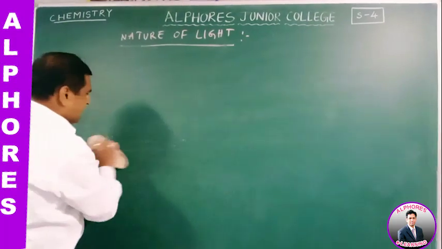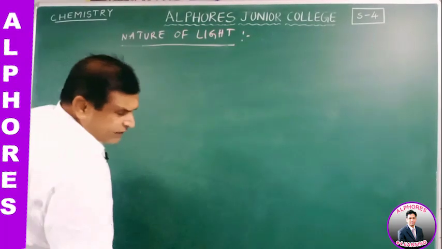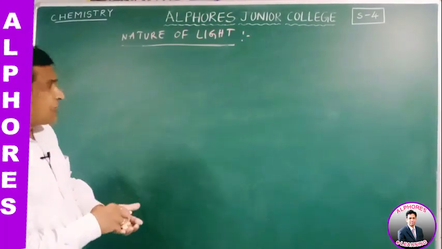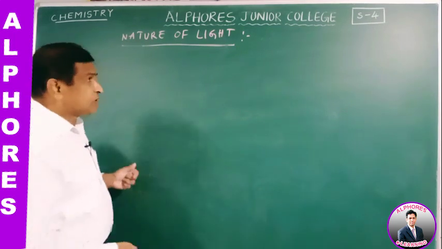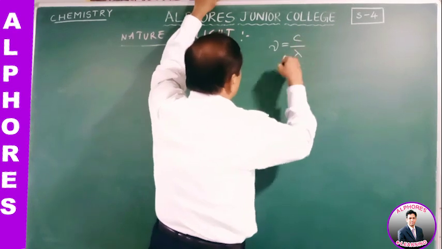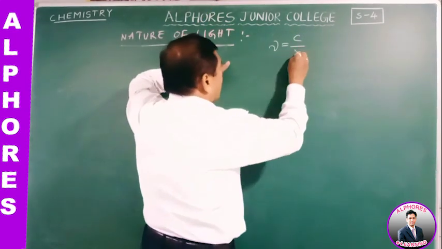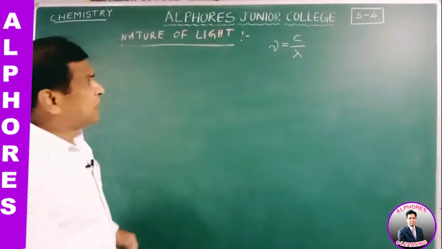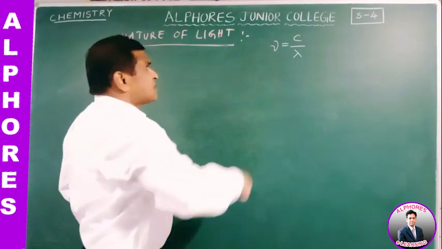Before going to wave number, let us see here. Just now we had the relation nu is equal to c by lambda. That means we can calculate frequency as well as lambda.